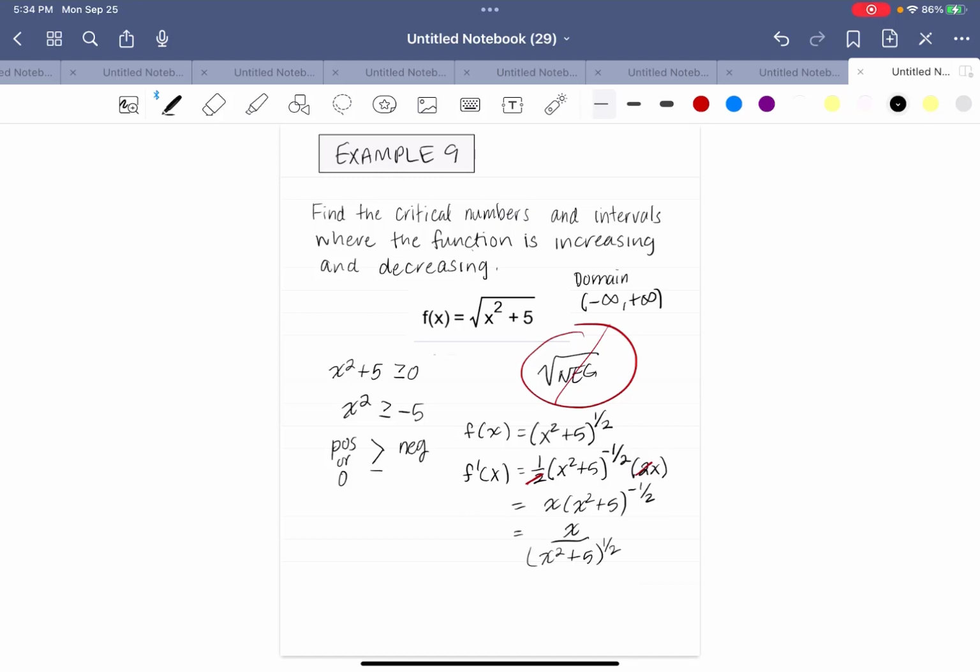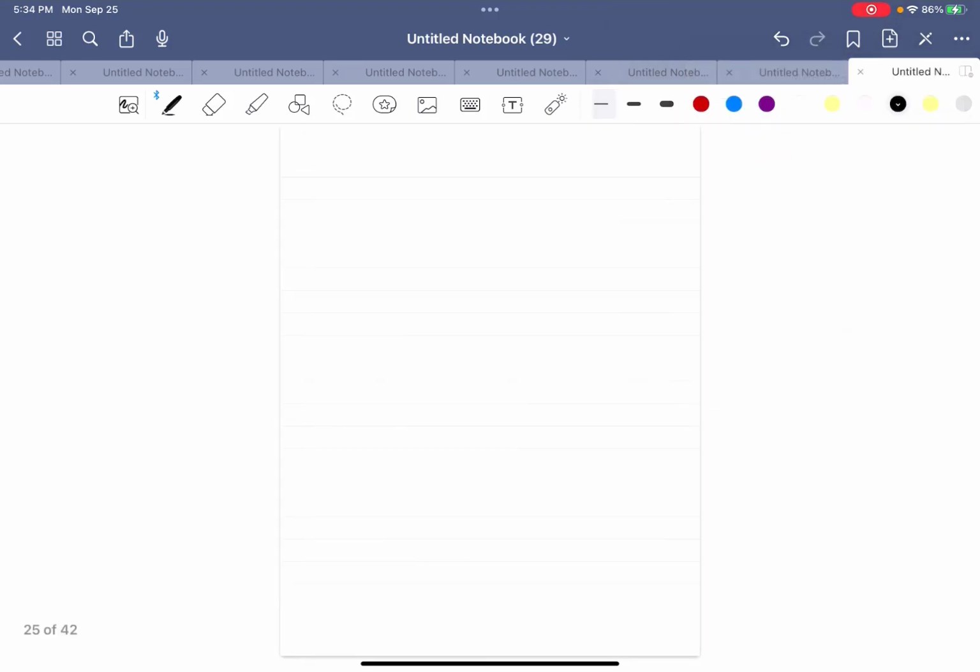Now this can be 0 if this numerator, x, is equal to 0. So our critical number here is 0. So we're going to have to put that critical number on a number line and see what happens to the sign.